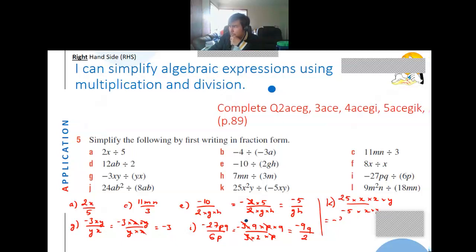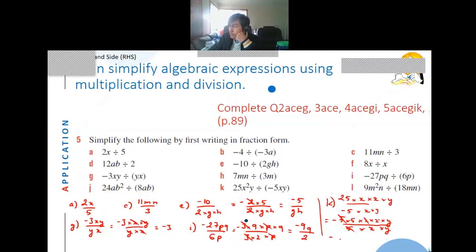So 25 is 5 times 5 times x times y, and then over 5 here, well, that's just 5 times x times y. So what do we have? We got 5 at the top, 5 at the bottom. Cancel, cancel. X at the top, x at the bottom. Cancel, cancel.